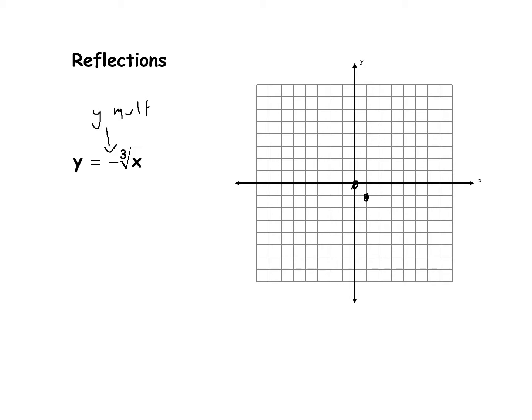Normally I'd go over 8, up 2, but I'd go over 8, down 2. And normally I'd go -1, -1, but now I'm going to go -1, +1, and -8, +2. So you see it's just going to flip this around. Whoops, I missed, but you get the idea. It's hard to write with the mouse.